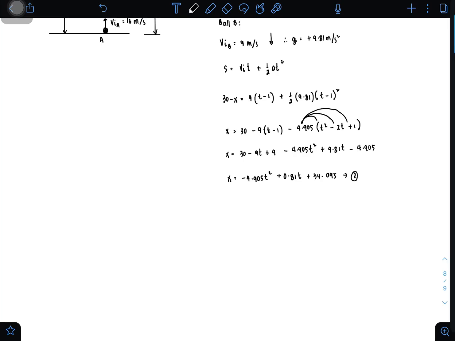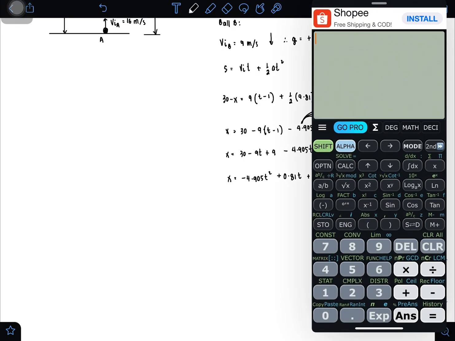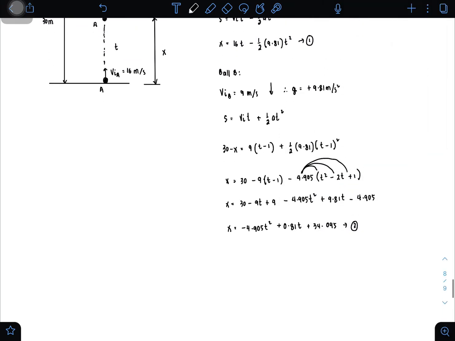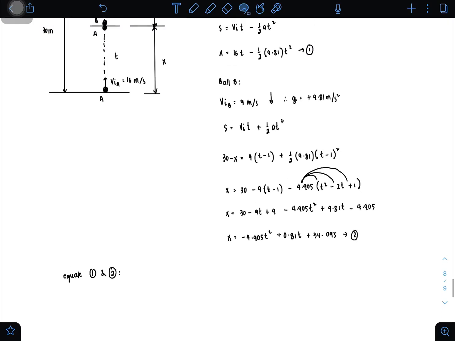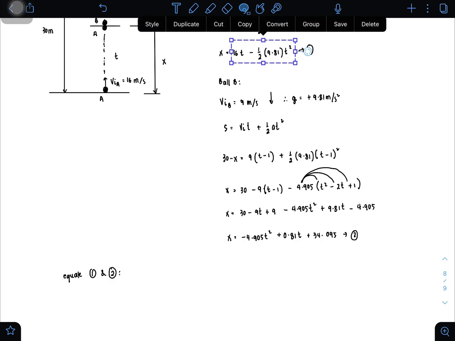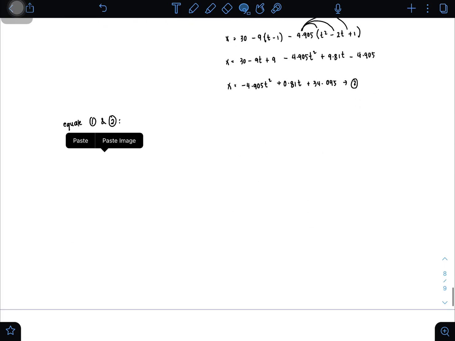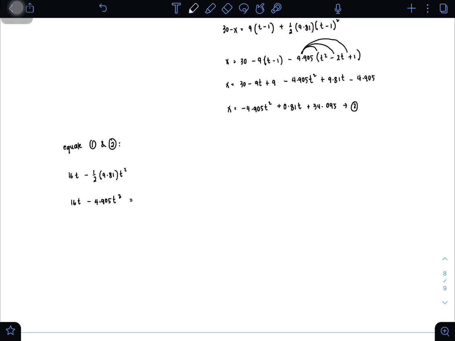So in this case, we're going to equate equation 1 and equation number 2. So equation 1 is this one. So this is our equation number 1, or I can rewrite this as 16 time minus 4.905, the time squared, and that's equal to equation number 2, which is this one.